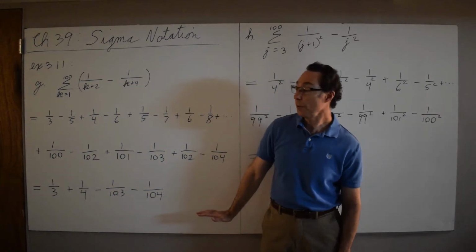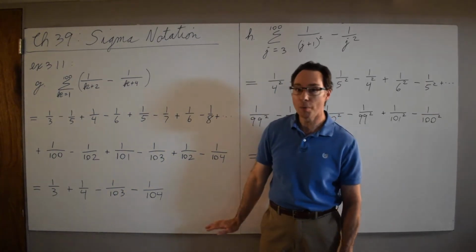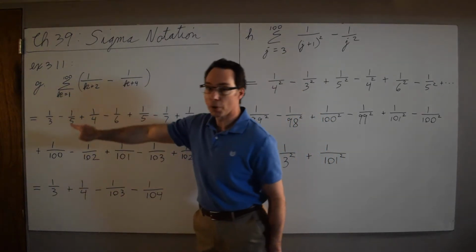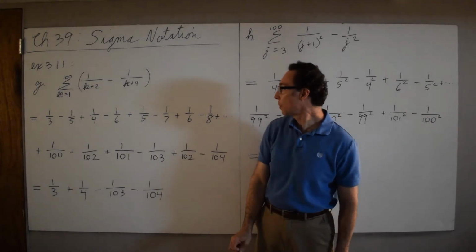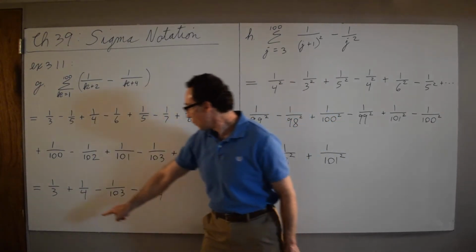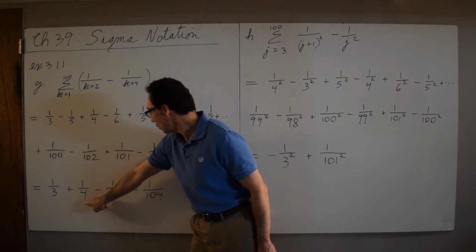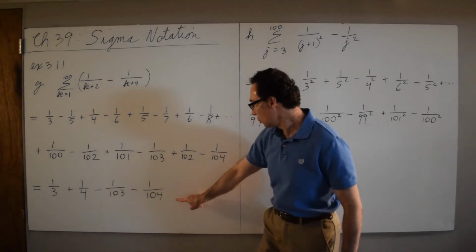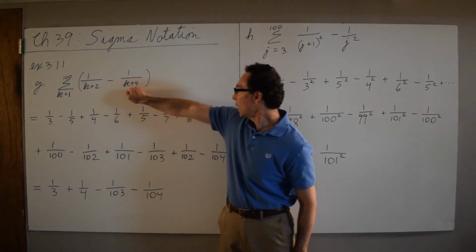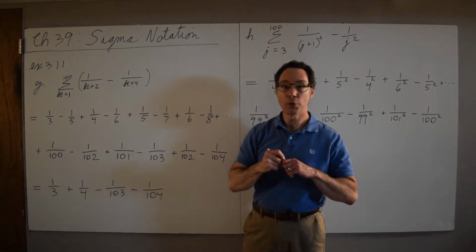And what I want you to notice about a telescoping sum is what's the difference between k plus 4 and k plus 2. The difference between k plus 4 and k plus 2 is 2. What happened? We have two terms left over at the beginning and two terms left over at the end. K plus 2 and k plus 4 differ by 2.